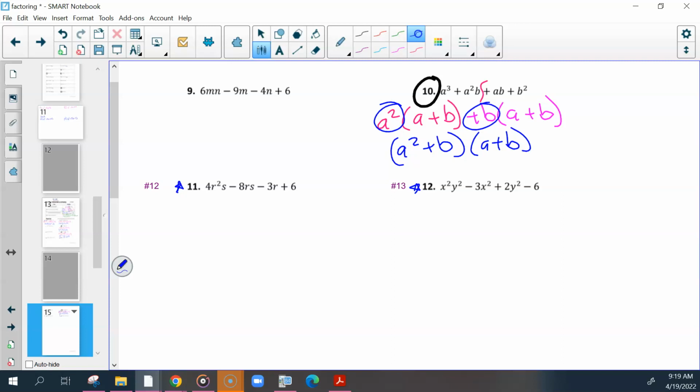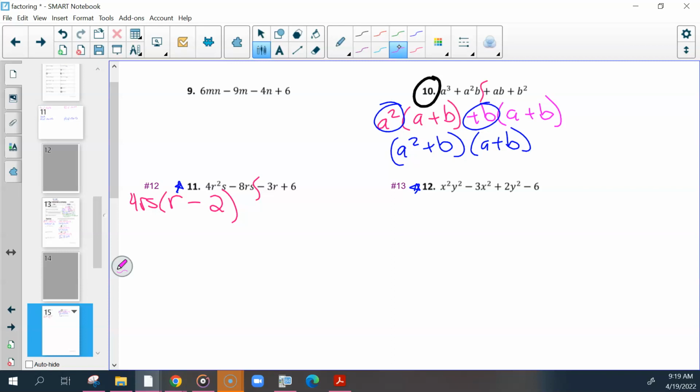For 11, what is the GCF for the first two? 4RS. If we divide out 4RS, what's left? R plus minus 2, and then the second one is 2, but it's positive.